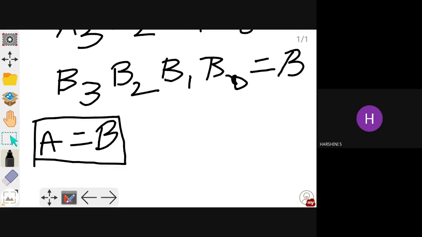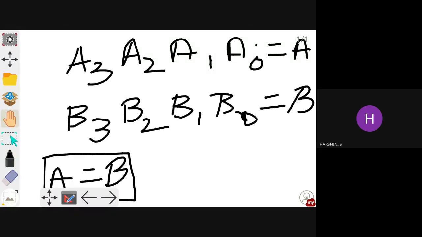So now I am going to obtain the expression for A equal to B. So what is the condition for A equal to B? So manually, when should A equal to B hold? That is, A3 should be equal to B3.